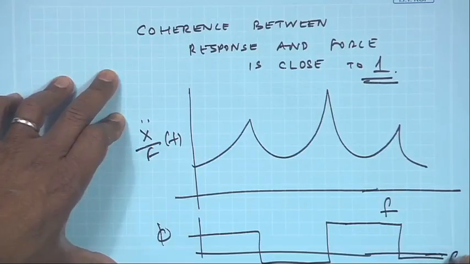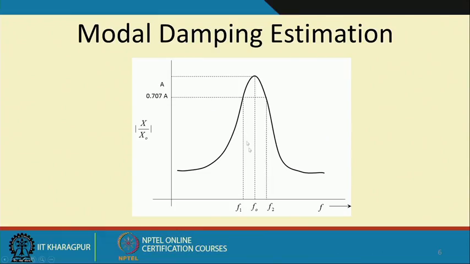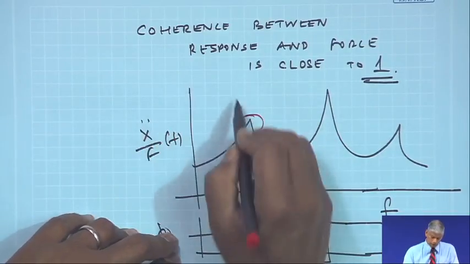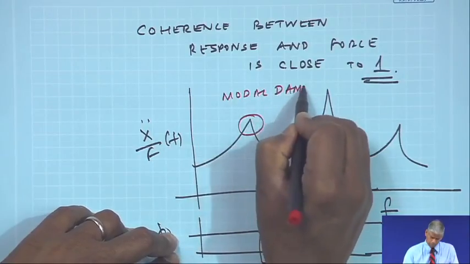And we know how we can estimate damping by the half power damping method. At every peak, we can find out the damping, and these are the modal damping parameters.